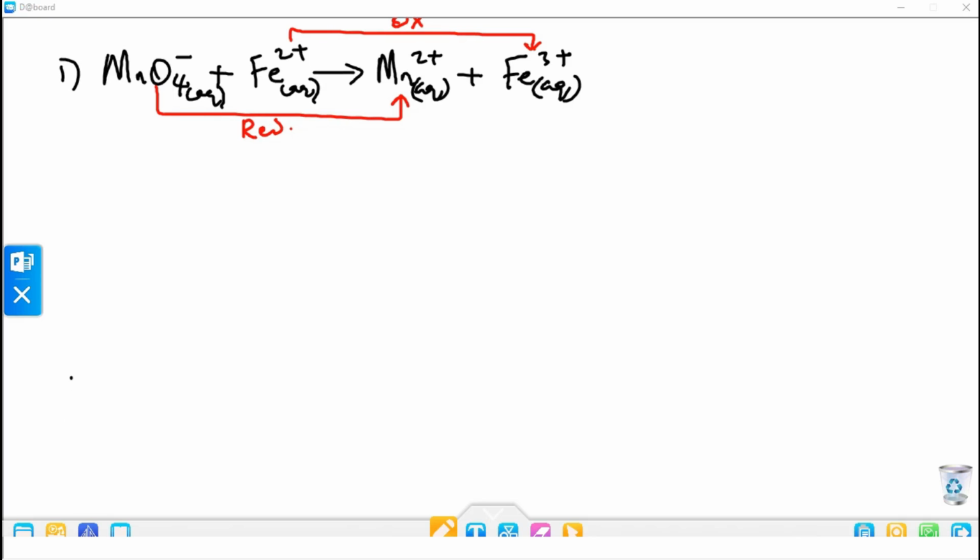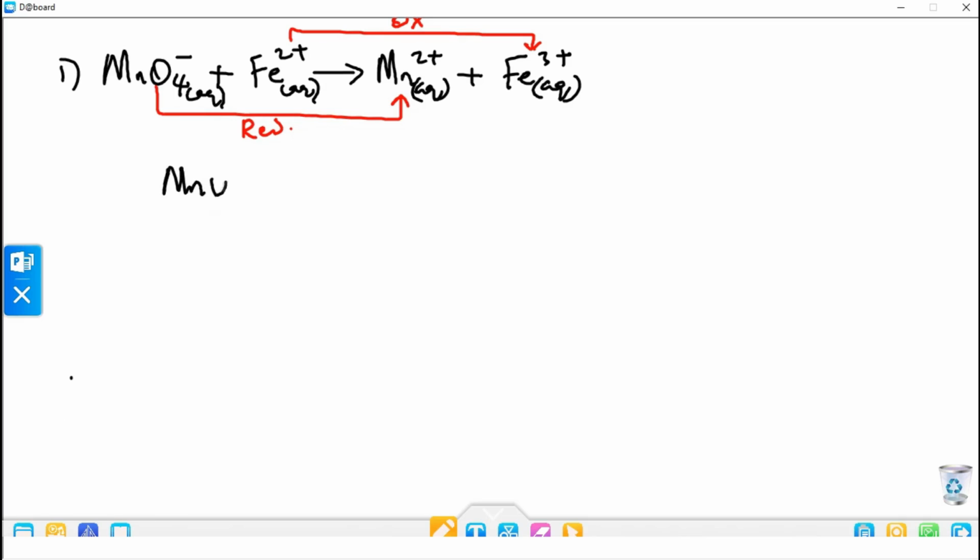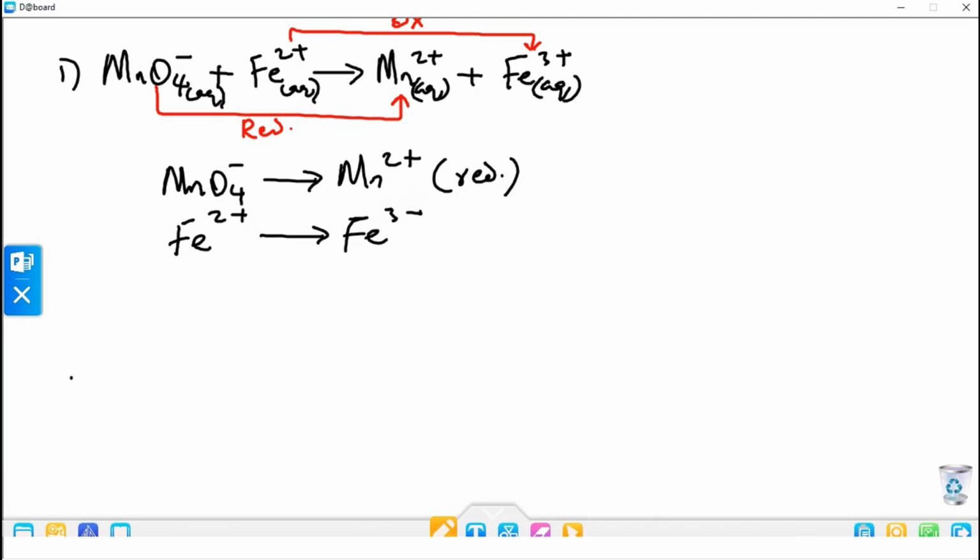Okay, so we have MnO4, that's manganese 7, to manganese 2, which is our reduction half cell reaction. So we simply write reduction. Why? Our iron 2 plus to iron 3 plus is the oxidation half cell reaction.